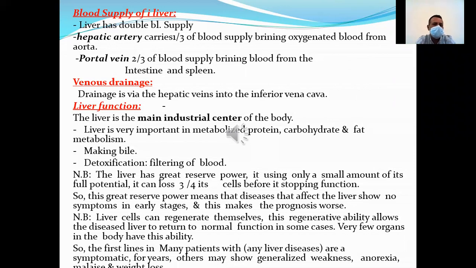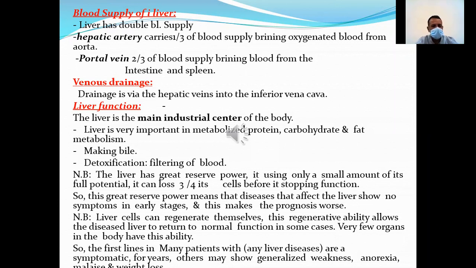So this great reserve power means that diseases that affect the liver show no symptoms in the early stage because of this reserve power. This makes the prognosis worse. That means the liver is diseased, but there is no symptom because of the reserve power.